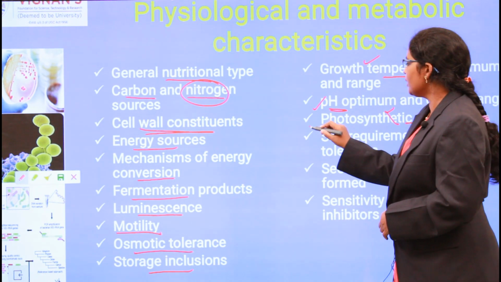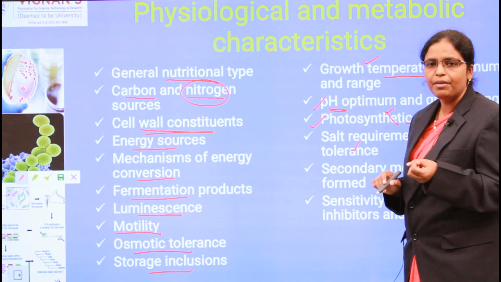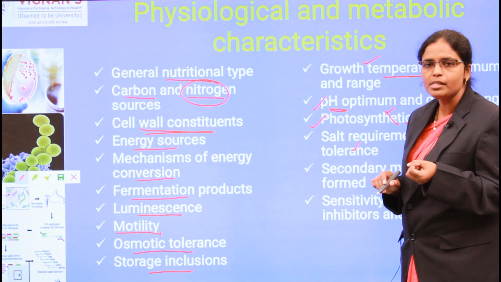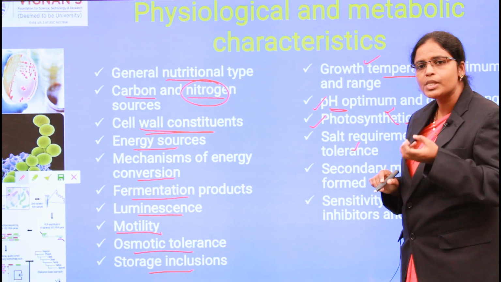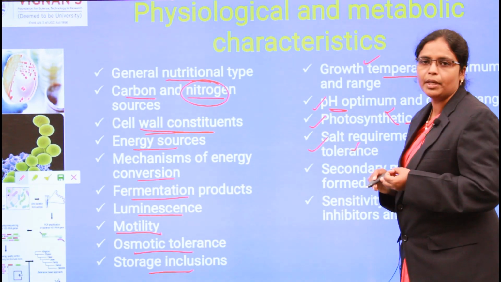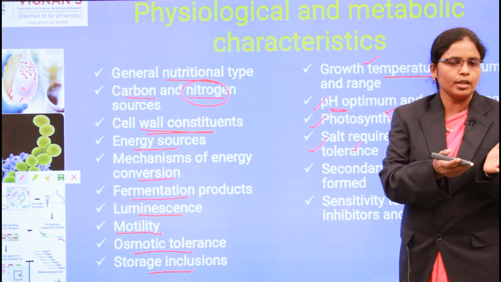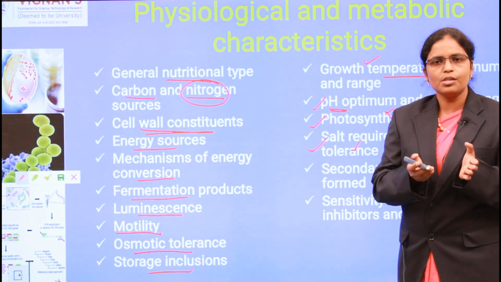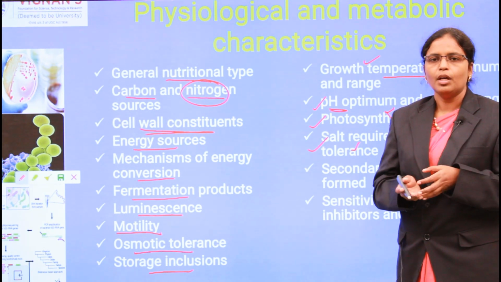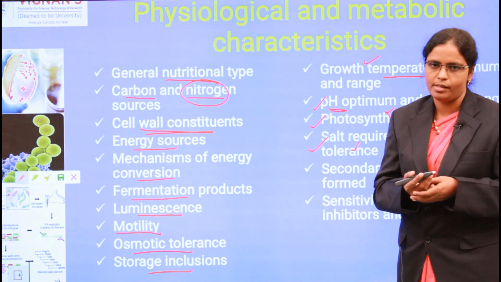Next, photosynthetic pigments. Some of the bacteria have photosynthetic pigments. That means they have the ability to synthesize food material. Next, salt requirement. For example, fresh water or drinking water consists of microorganisms whose salt requirement is very low.